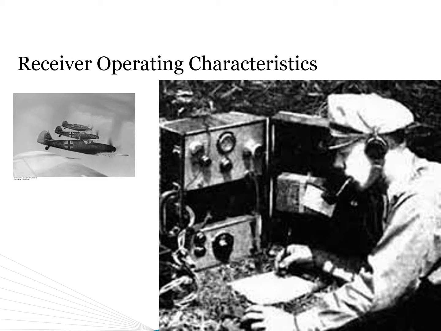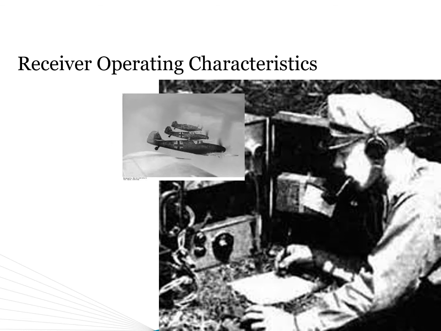You could get a very high indication that there was a flock of geese coming in and pinpoint them accurately, but you wouldn't necessarily know what they were. Whereas if you went for a less specific and more sensitive test, you could see more objects coming your way, but you were less certain about what they were. So there was always a trade-off between knowing what was there and where it was.